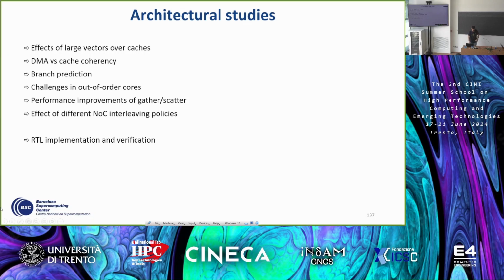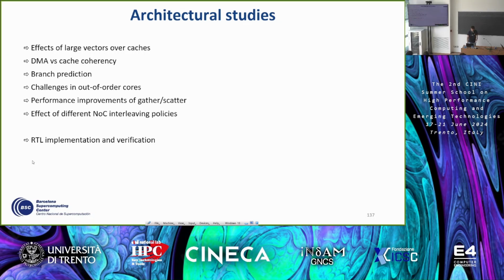DMA versus cache coherency, branch prediction, challenges in the out of order. Somebody was asking if we can do out of order. Yes, we can, but we have to understand how much it costs and how much silicon it costs. Because basically what out of order means is having the silicon smarter, but how much silicon it costs to have the silicon smarter, right?